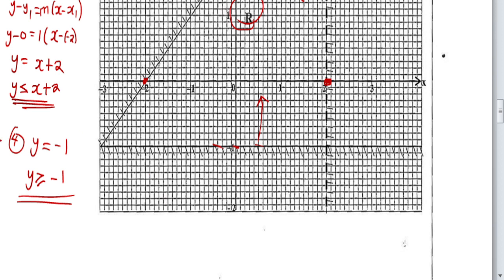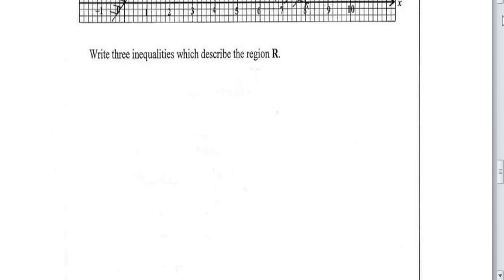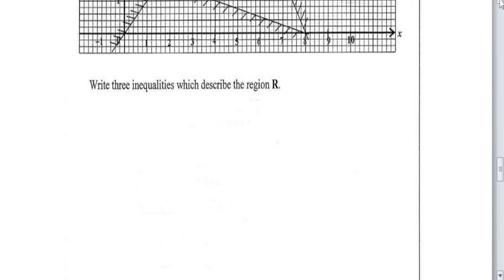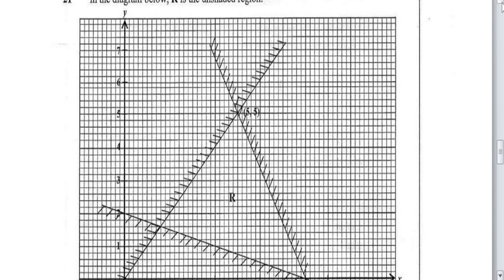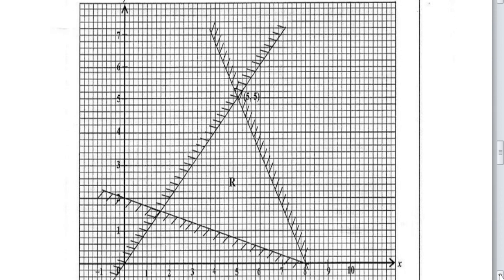Now let me give you some questions to try. The first question you should try out is the following. Let me show you the diagram properly. Hopefully you'll be able to see. So this is a full diagram.